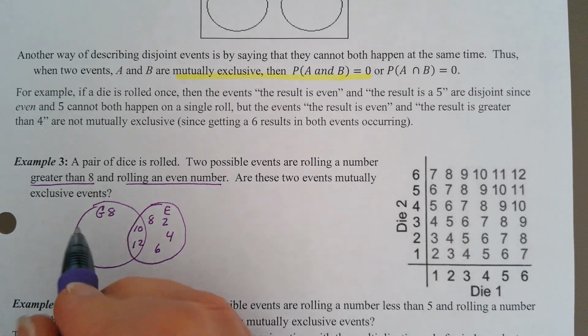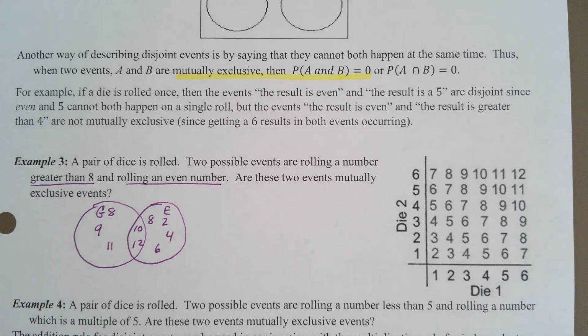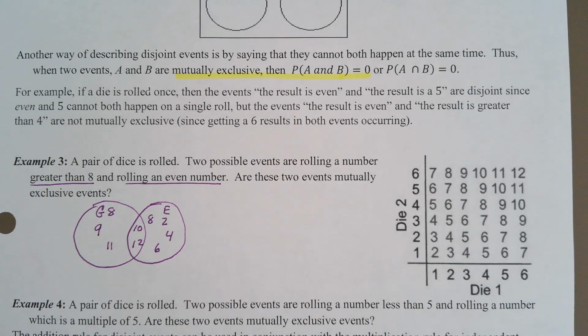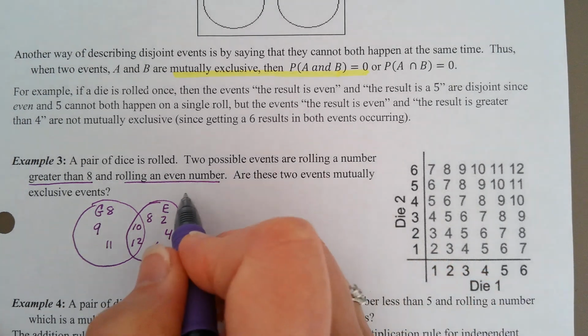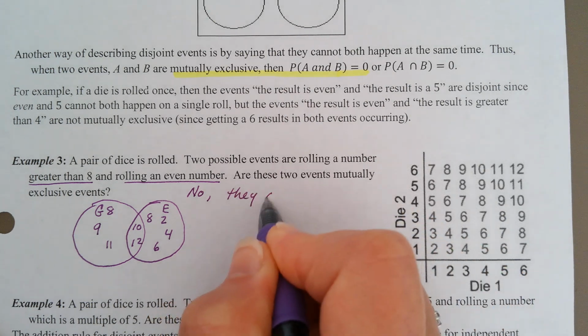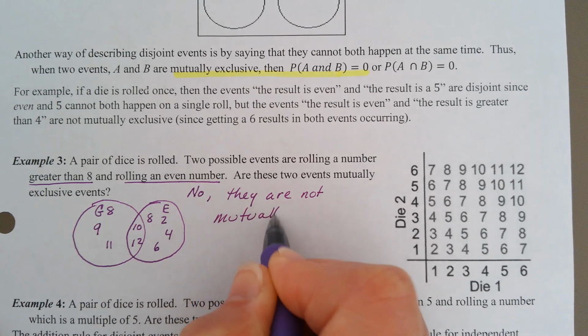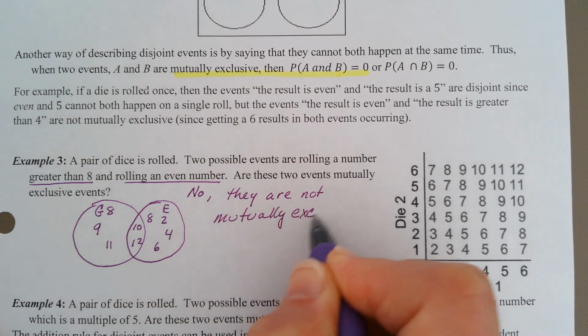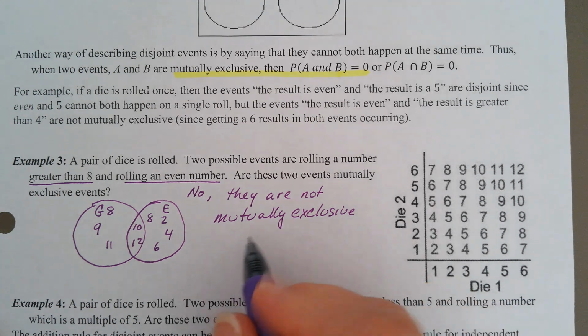Now greater than 8, we have 9, 10, 11, and 12. So are these events mutually exclusive? No. They are not mutually exclusive, since 10 and 12 are results in both.